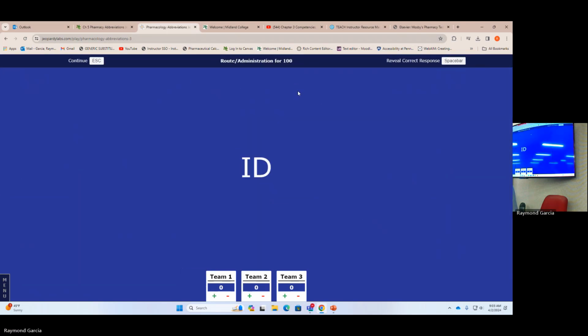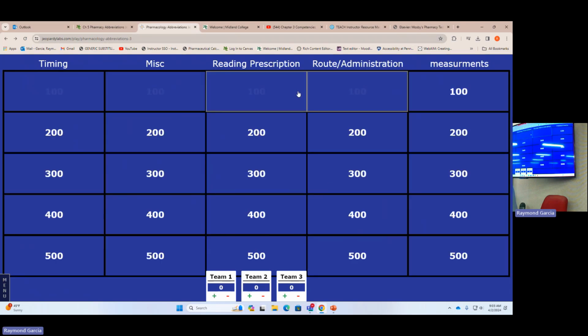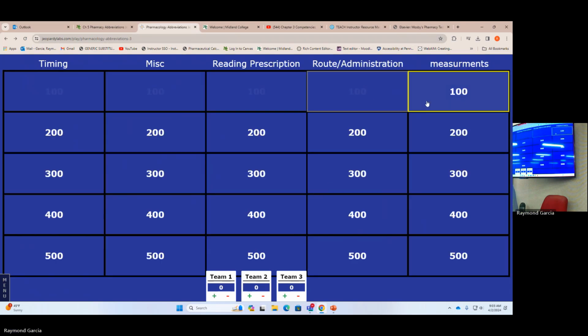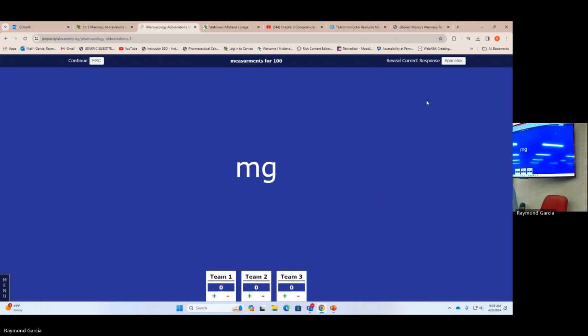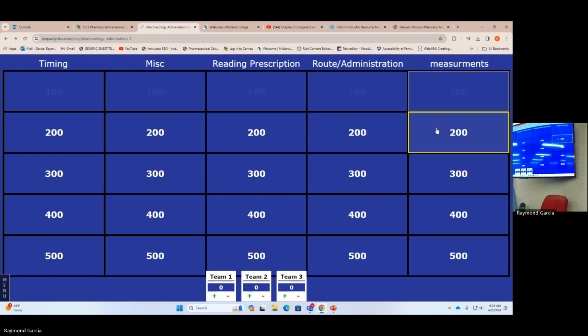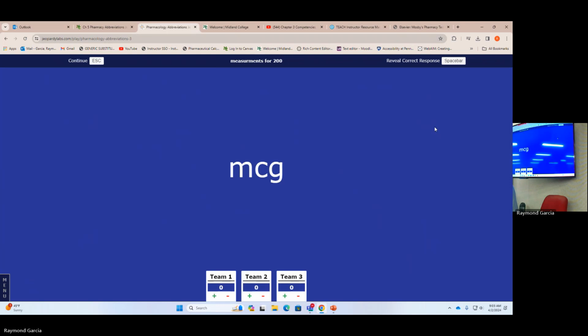ID again, intradermal. MG, milligram. MCG, microgram.